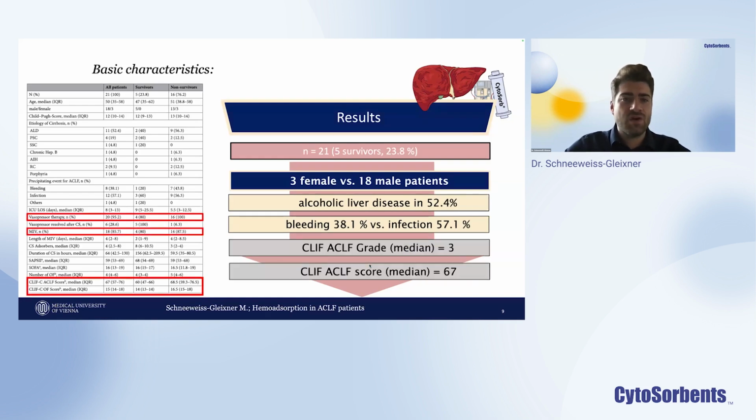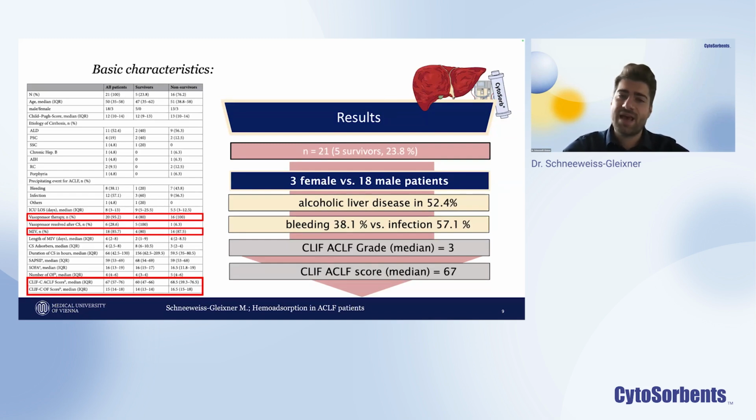And as you already see, the survival rate of our patient population is rather low. Only 5 patients survived the stay at our ICU, meaning that we have an ICU survival rate of approximately 24%. And the reason behind this is actually very clear, because we included a very, very sick patient population indicated by a high ACLF grade score of 3, meaning that we have a multi-organ failure of 3 or more organ systems.